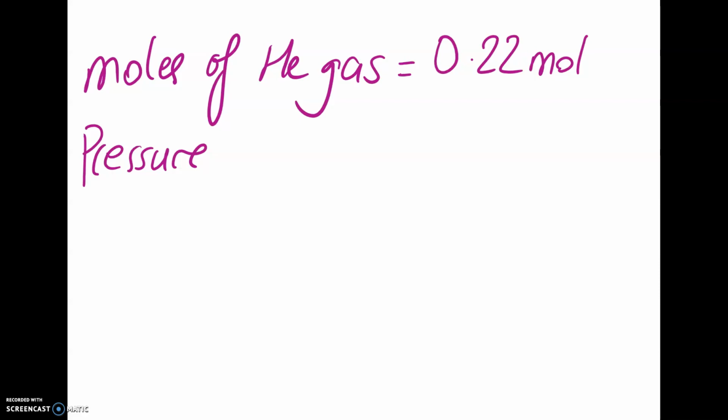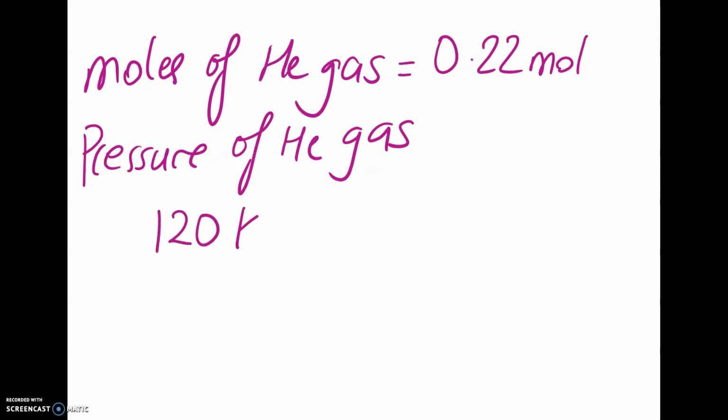So to start off with, I know the moles of helium gas from the question, which is 0.22 moles. Then I need to work out the pressure, and for the pressure I need to change it into atmospheric pressure, for which I need to do a calculation.